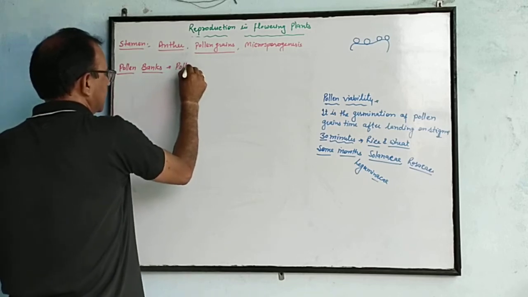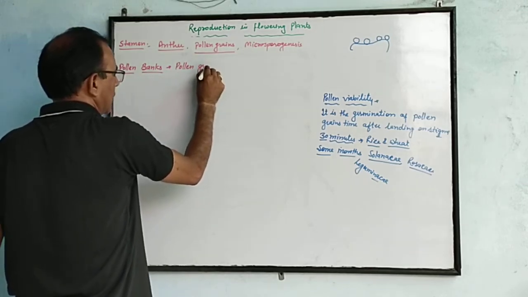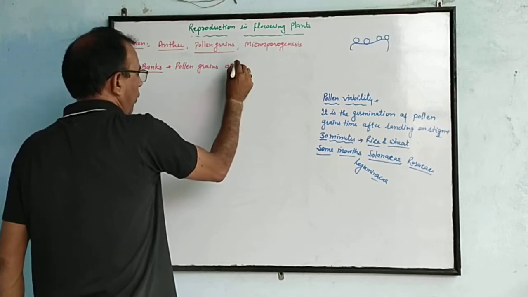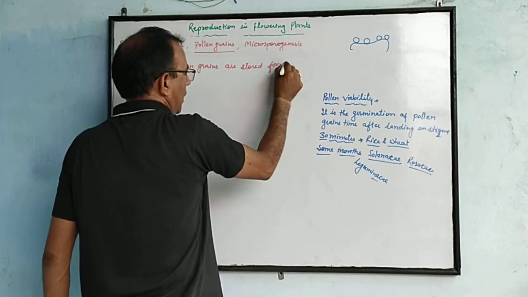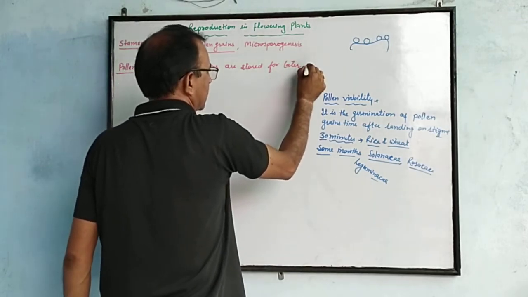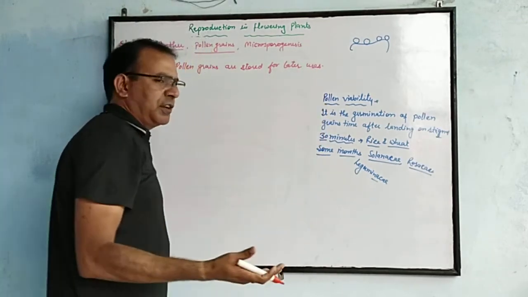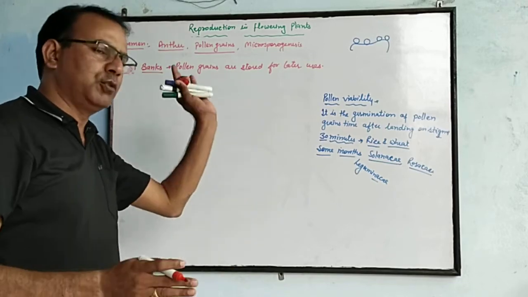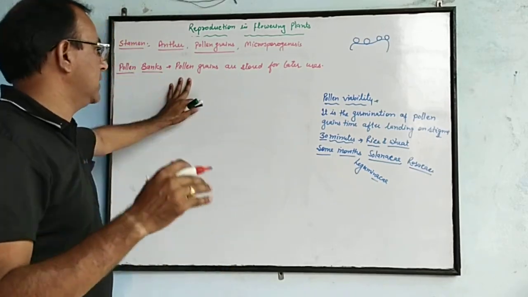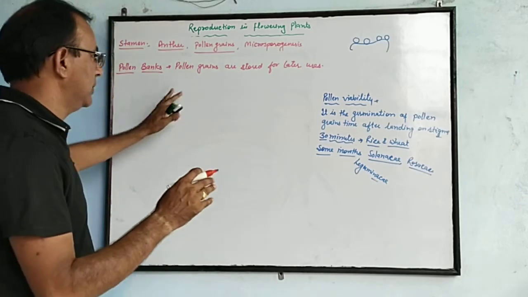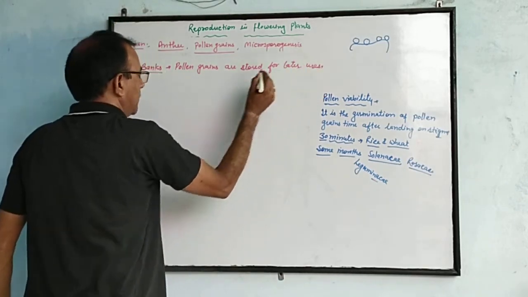Pollen grains are stored for later use, meaning that at the time the pollen grains mature there is no use, so we use them later. The area where pollen grains are stored for later use is the pollen bank.